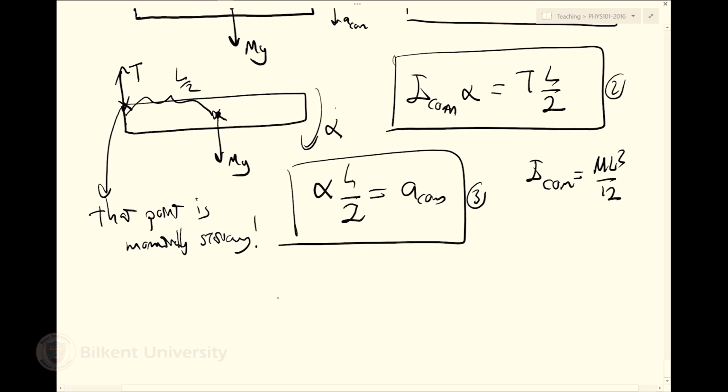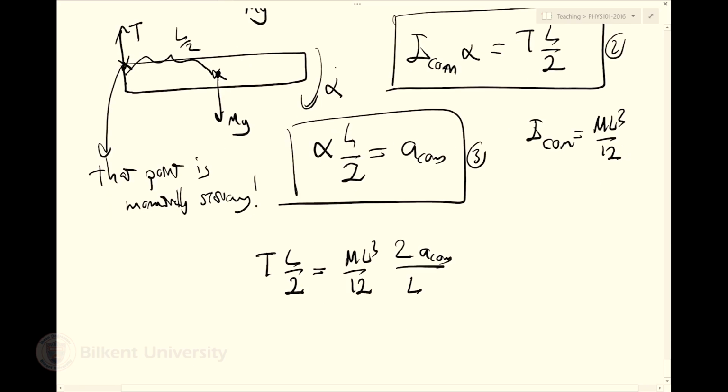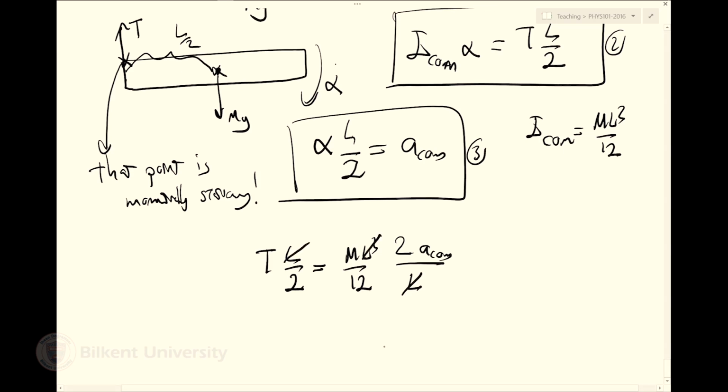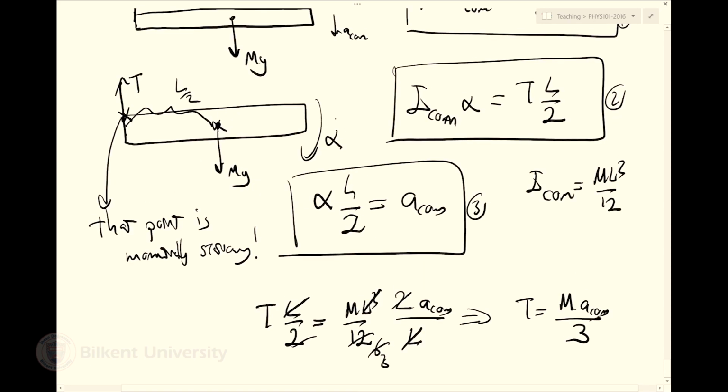In the third equation, I can write T L over 2 is ml squared over 12, and instead of alpha, I will write 2a center of mass over L. L's cancel here. I have 6, I have 3. So T is m a center of mass over 3. Now I can use it in my first equation.